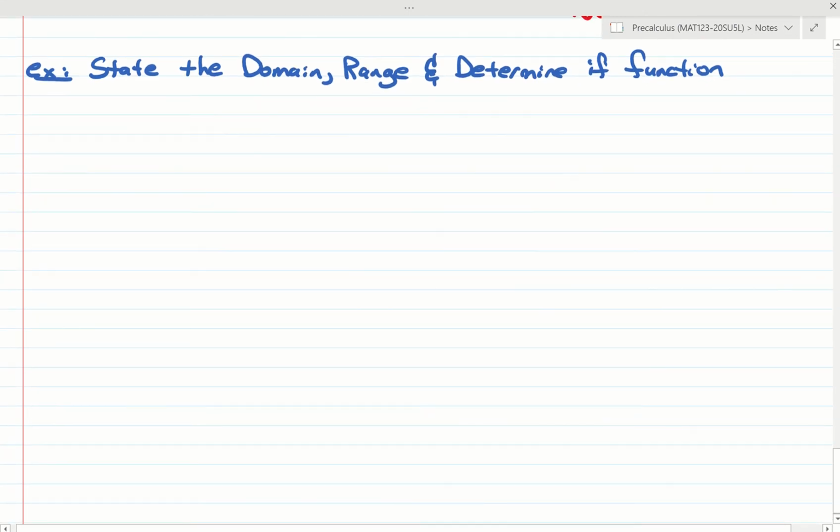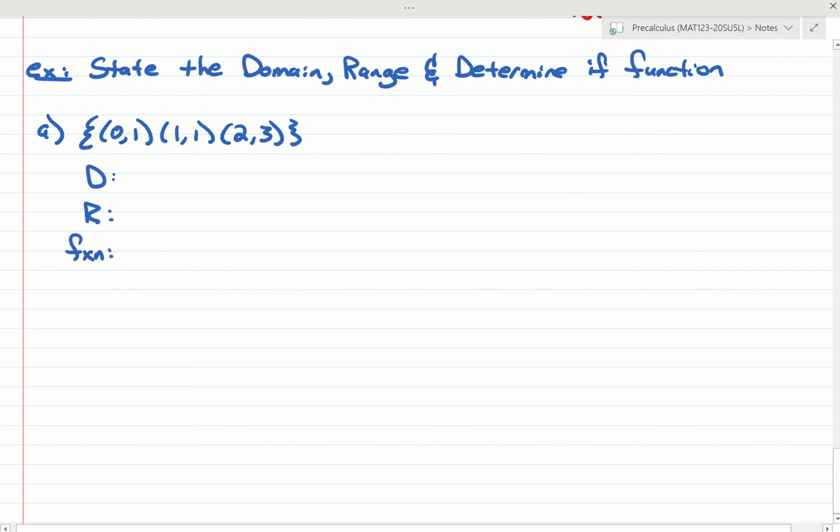Okay, let's start with something like this. Curly brackets, (0, 1), (1, 1), and (2, 3). Domain, range, and is it a function, yes or no?